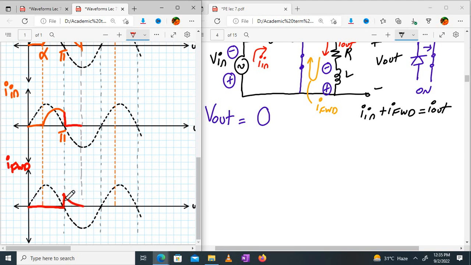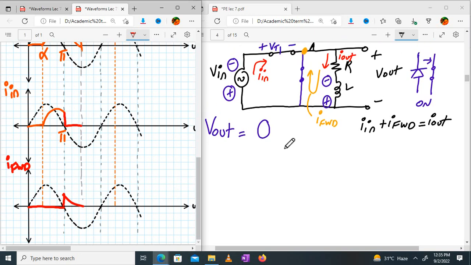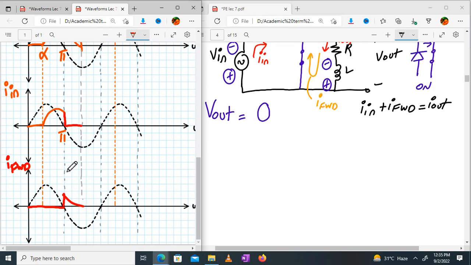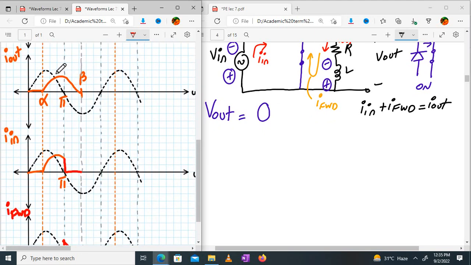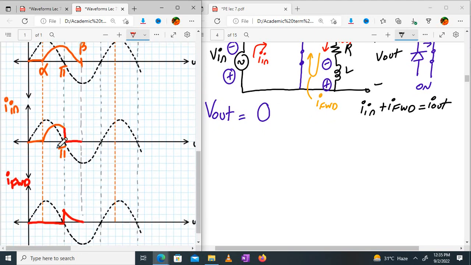Freewheeling diode current was 0 as long as it is off. But abhi on ho gaya to some current will flow na. So if you combine freewheeling diode current plus input current, it will give you output current. See the three together. अगर I in को combine करते हैं freewheeling diode से, you will get back I out. Is it not happening?